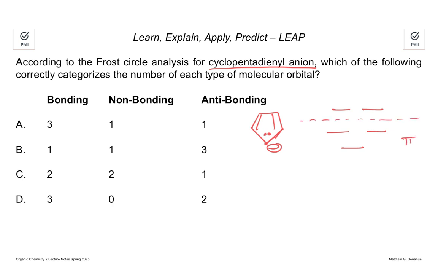So this is your pi, this is your non-bonding line, and this is your pi star. So in terms of this question, we end up with 3 bonding, 0 non-bonding, and 2 anti-bonding. So that's D.